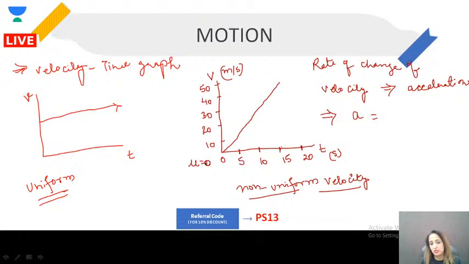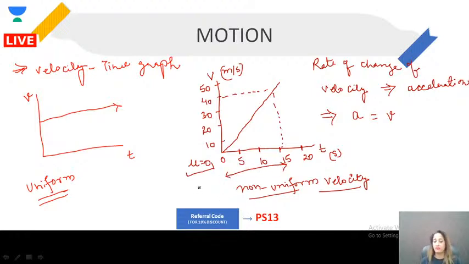Let's say it was 0, right? We want to know its acceleration at this point. So what do we do? Rate of change of velocity, which means what is the change in velocity that happened over this period of time.